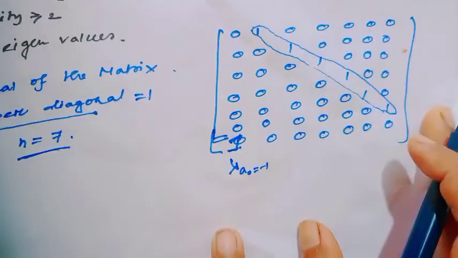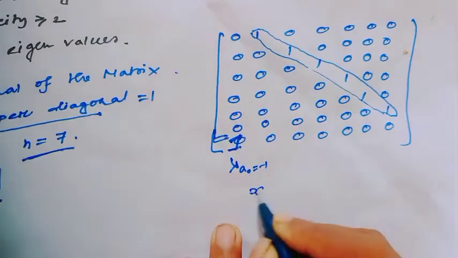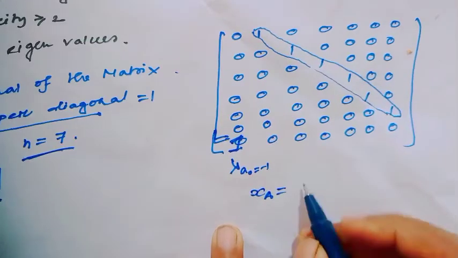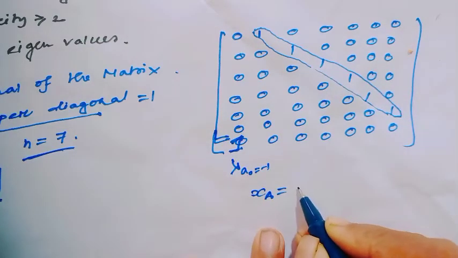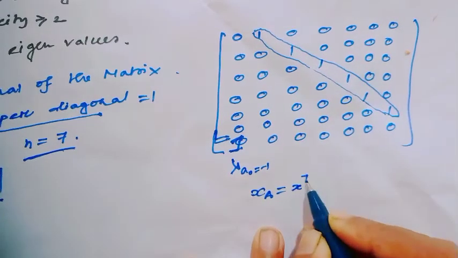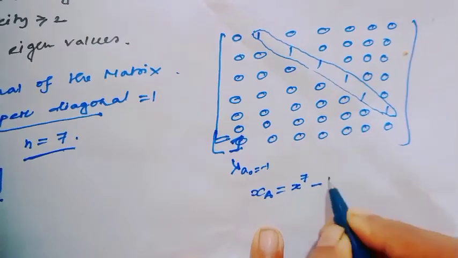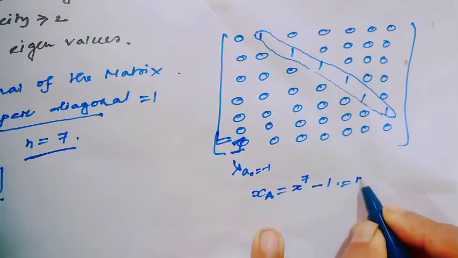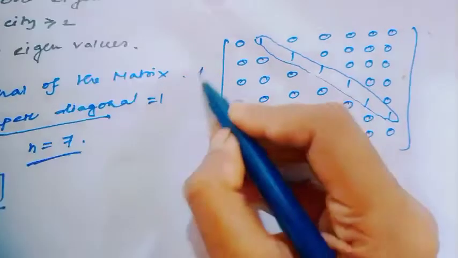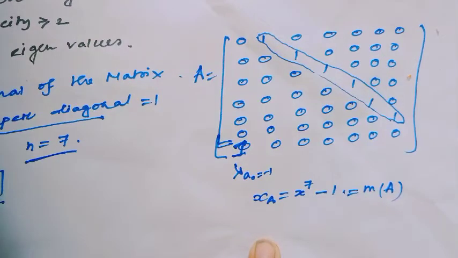So the characteristic polynomial of this companion matrix would be x to the power 7 minus 1. And this is also the minimal polynomial of this matrix, if you consider this matrix as A.